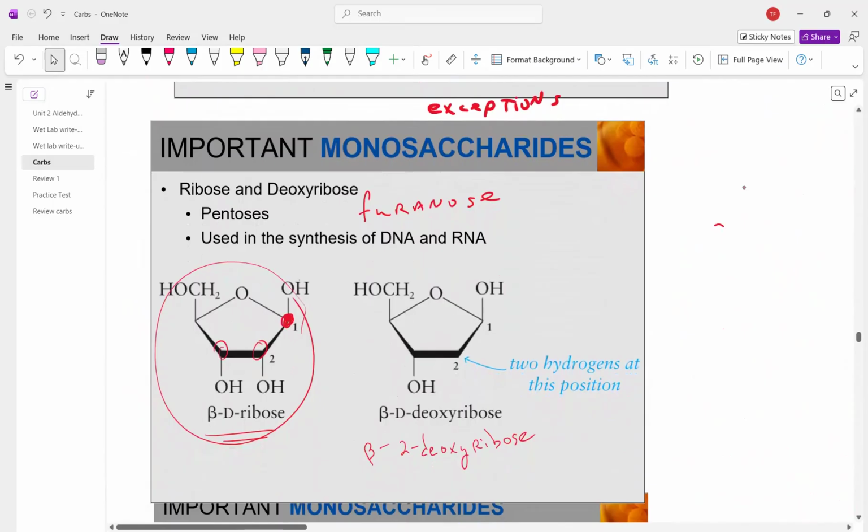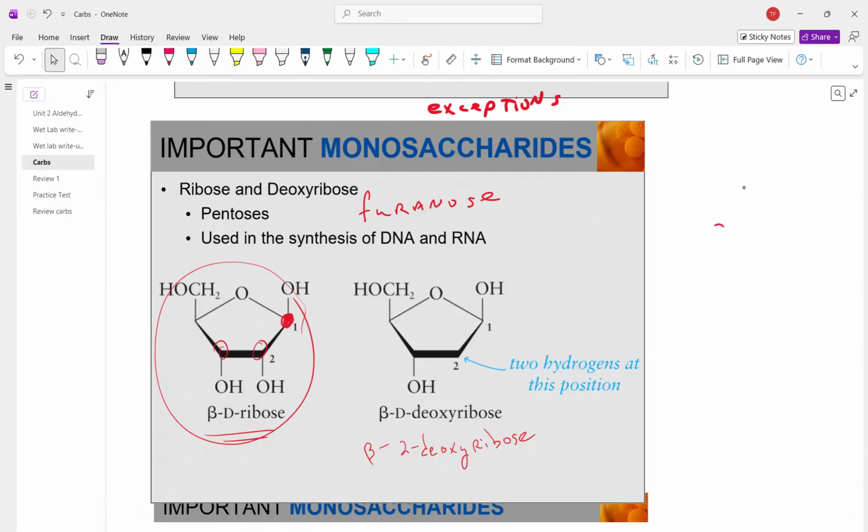Your ribose. This is a pentose, 5-carbon sugar. It's very important. It's used in RNA and DNA. That's what links the subunits in that polymer together. It's ribose.